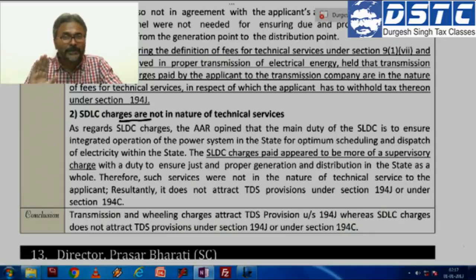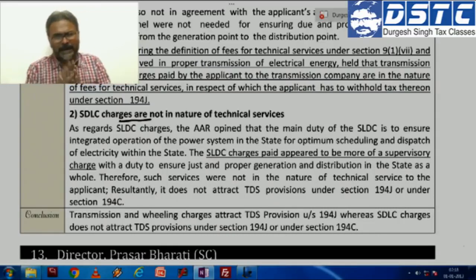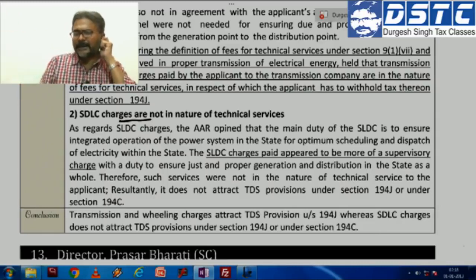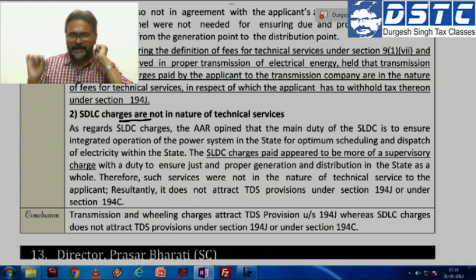Just go with neutrality. Here is a case of, students, 194H, commission and brokerage. As you all know, if the amount which is paid is in the nature of a commission, then in that particular case, the payer of the amount, which is the principal, will be required to deduct the TDS under section 194H at the rate of 10%.